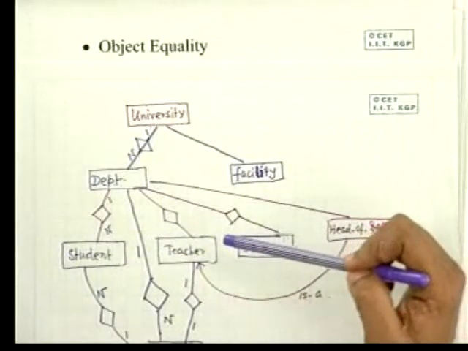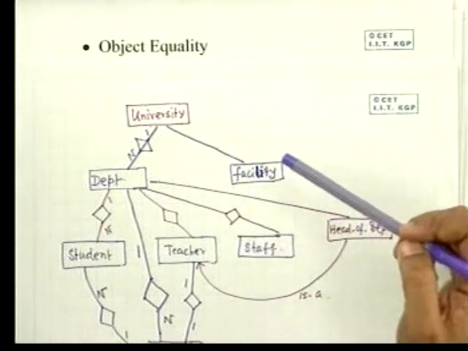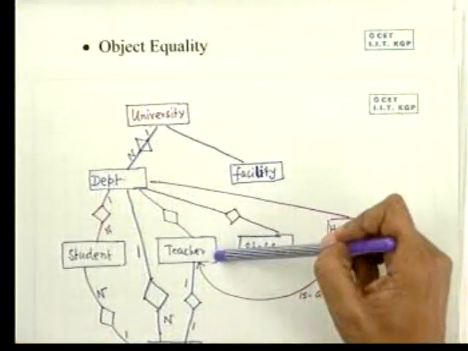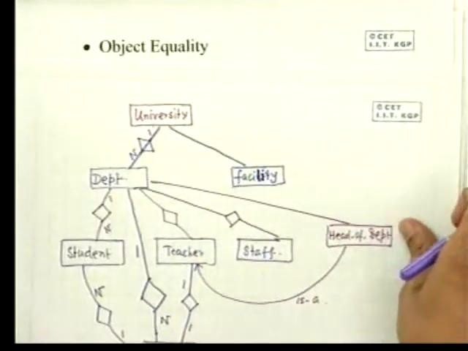However, we cannot say the same is true when we have two students or teachers. So these two students may have the same name, yet they may be totally different objects or different persons. Same is true with the teachers.